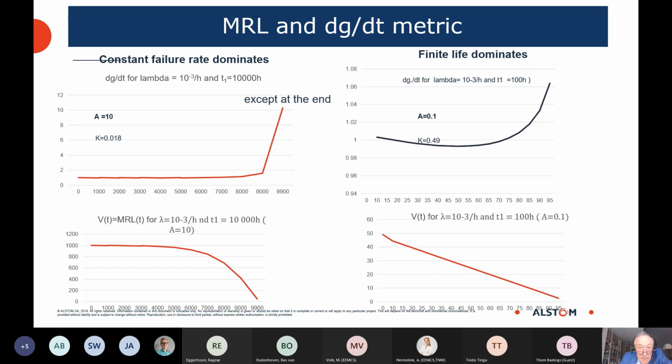And on the right, where the finite time is much smaller than 1 over lambda, basically this is approximately constant because you can see the scale. It doesn't change very much. And the mean remaining life is that of a uniform distribution. It's a linear slope. So the two opposite ends.